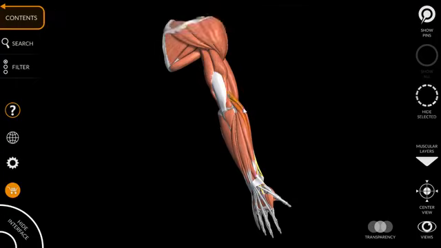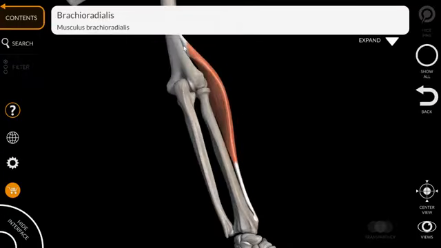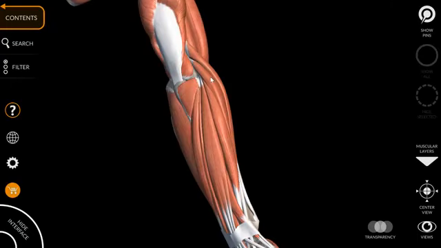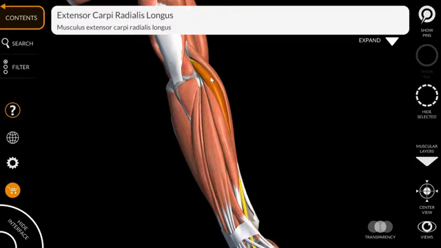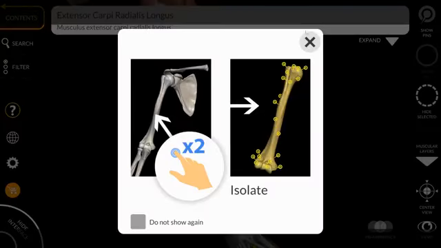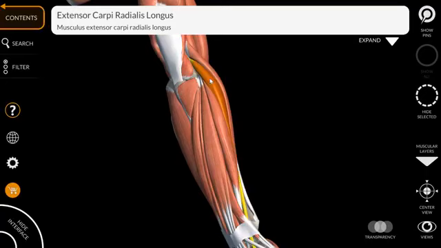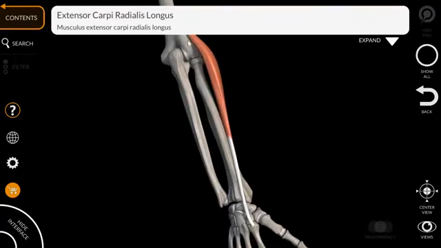Here you can see brachioradialis attaching to the humerus above and the radius below. And this is extensor carpi radialis longus, attaching to the humerus above and the second metacarpal bone below.